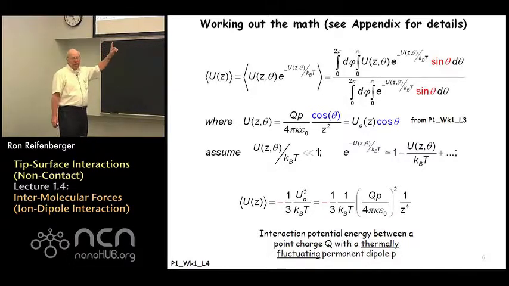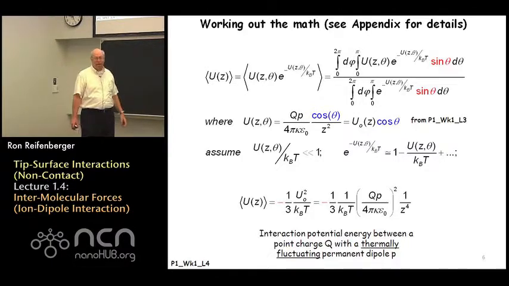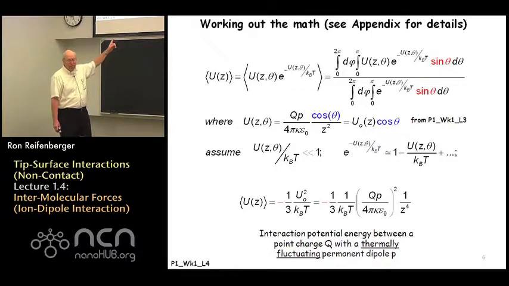There are a couple of features in this equation that are important to note. First of all, the thermal average of U, when all possible angles theta are taken into account, is negative. That means that there will be a net attractive interaction between the ion and the dipole moment, even when the dipole moment is allowed to have all possible orientations.